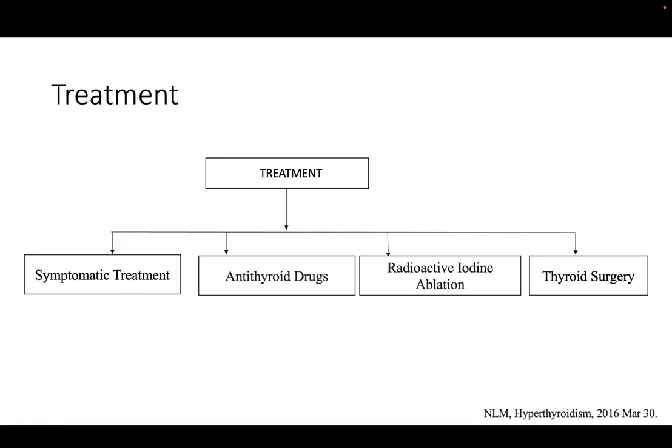Continue. Now you have to talk about the dose and the method that is given. Sir, there is a preparation for ablation, because it is associated with transient worsening of hyperthyroidism.